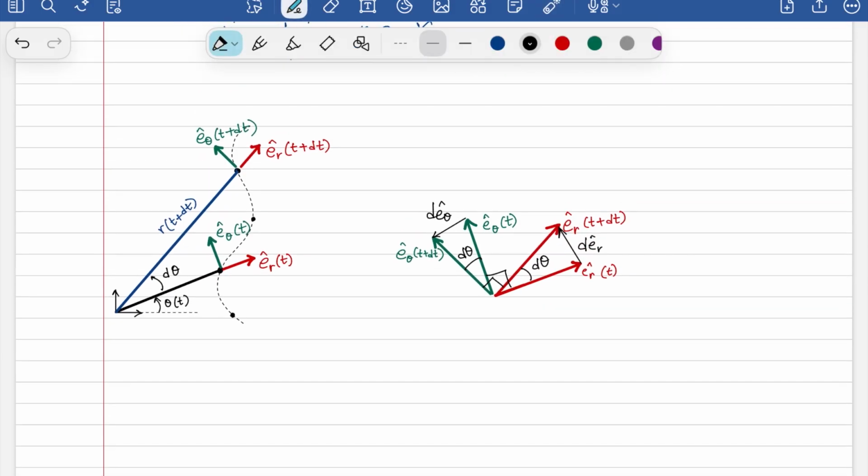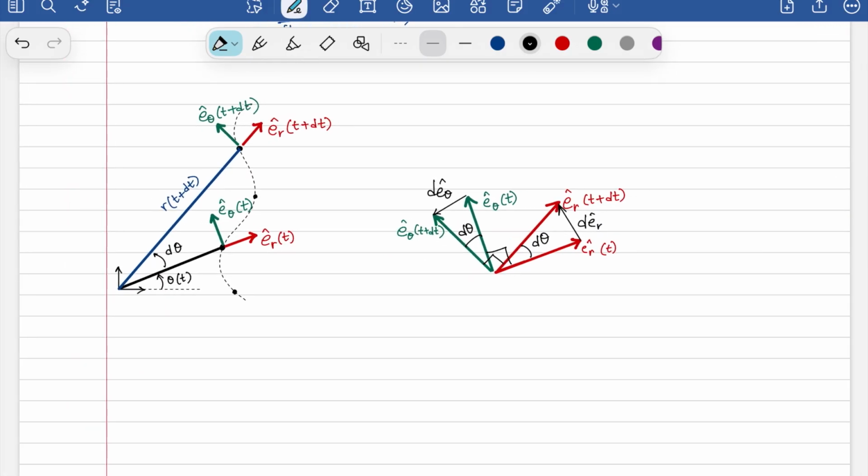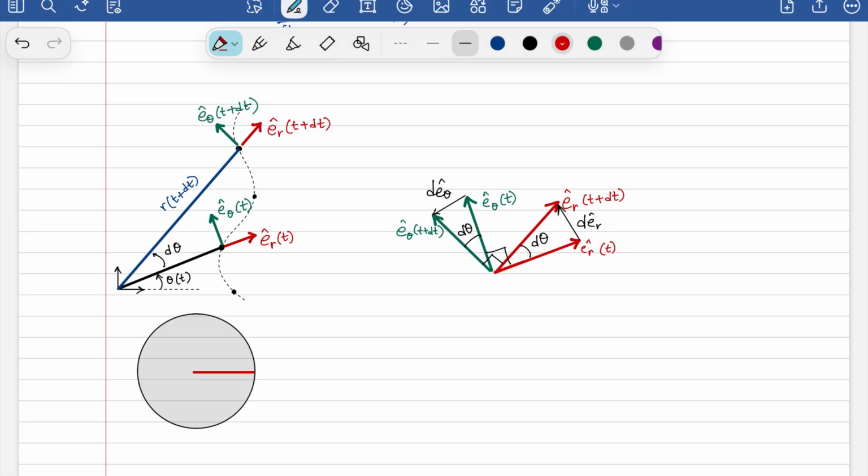That was me explaining it in words. If I were to sketch a circle here, you have this unit vector, let's say it is e_r hat. It is now rotated to this position, e_r hat at time t plus dt.